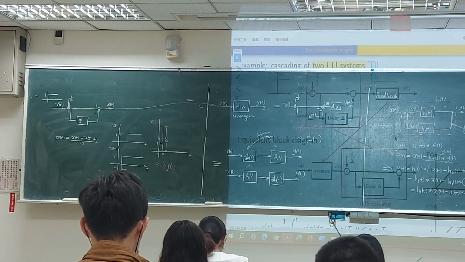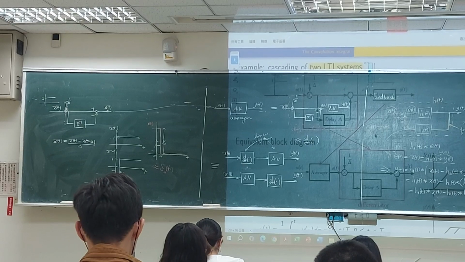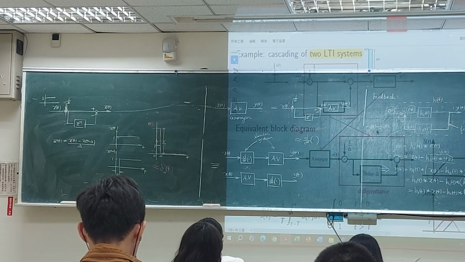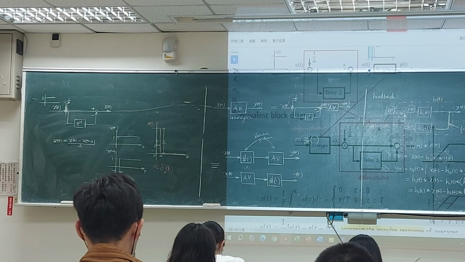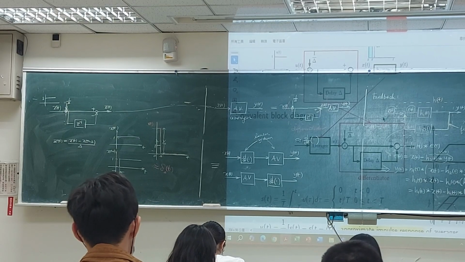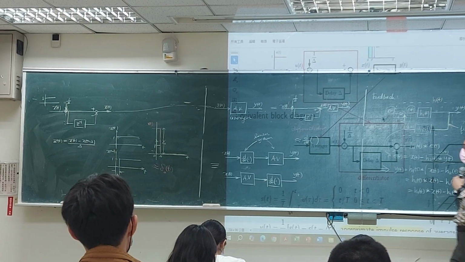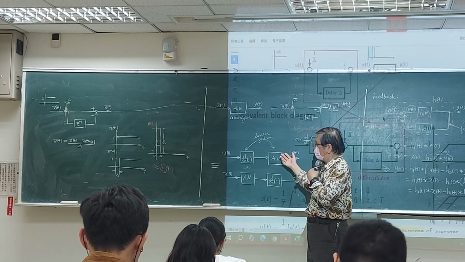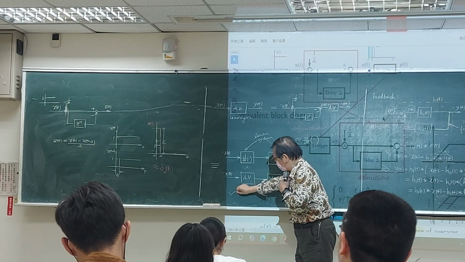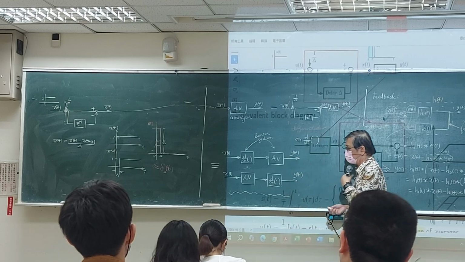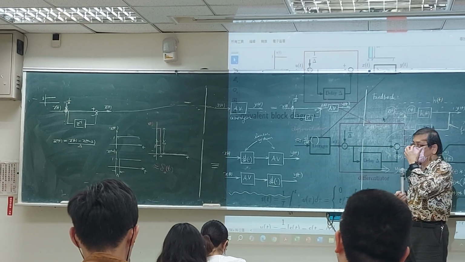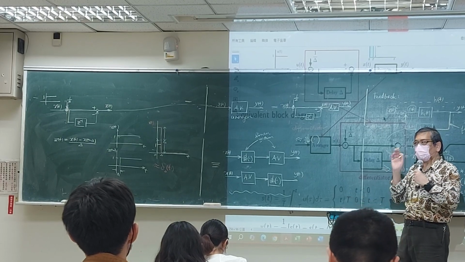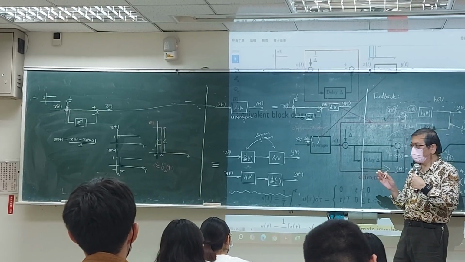Alright, and then let me go back to the slide. So what can I do with this structure? Now I have average first and then differentiator later. Now there's a reason for doing this graphically.